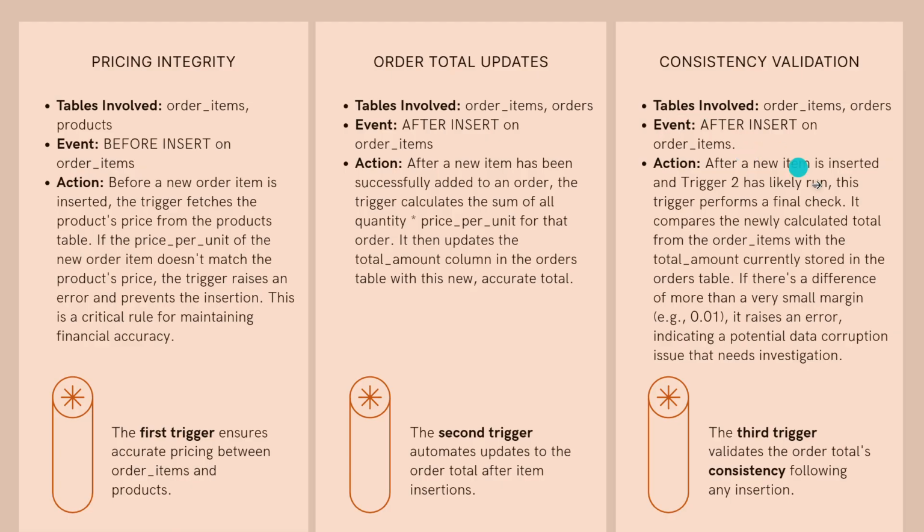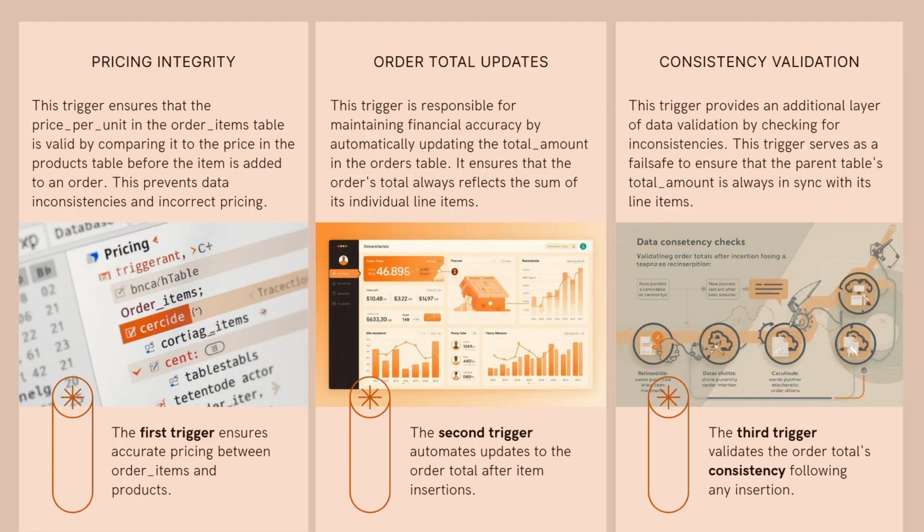Now, the third type of trigger is something that will provide an additional layer of data validation. Basically, this trigger serves as a fail-safe to ensure that the parent table's total amount is always in sync with the line items.